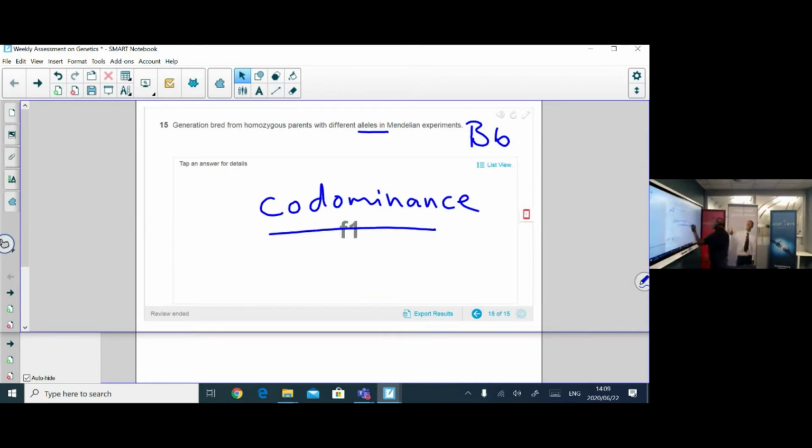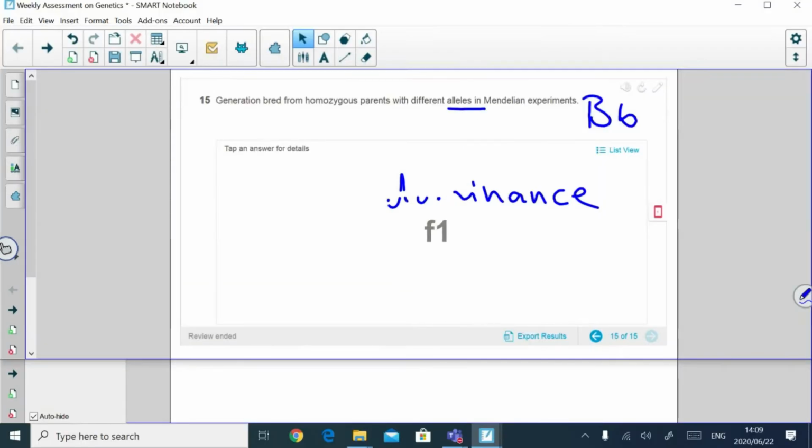The last question says: the generation bred from homozygous parents with different alleles in Mendelian expression, homozygous from Mendel's experiments.